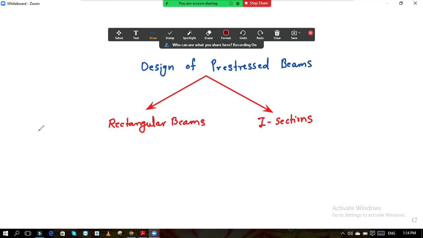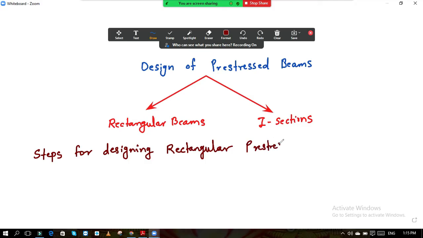So here steps for designing rectangular prestressed concrete beams.